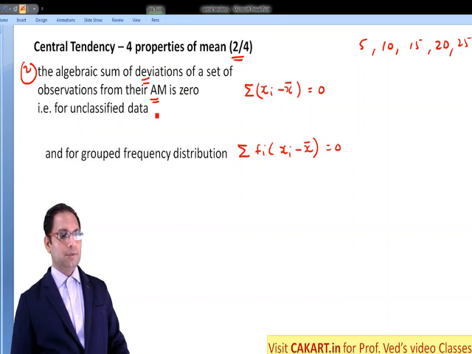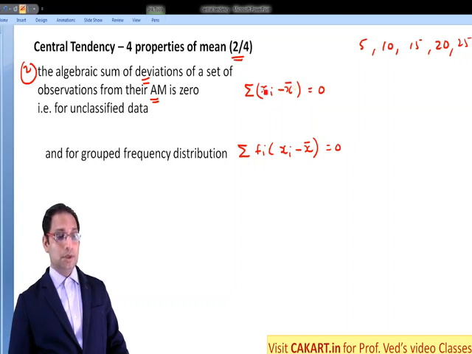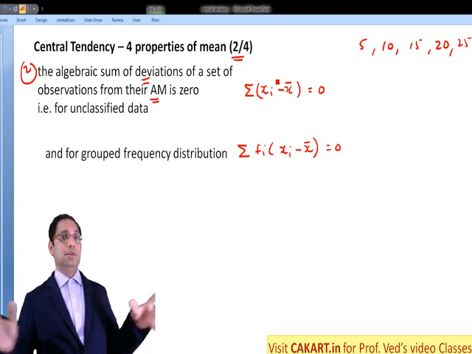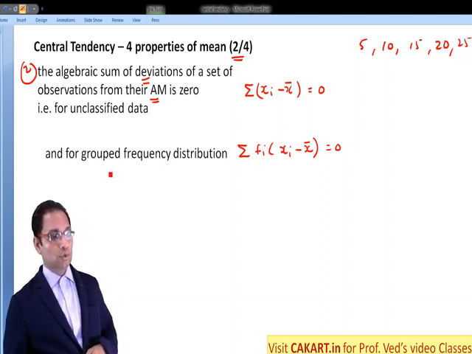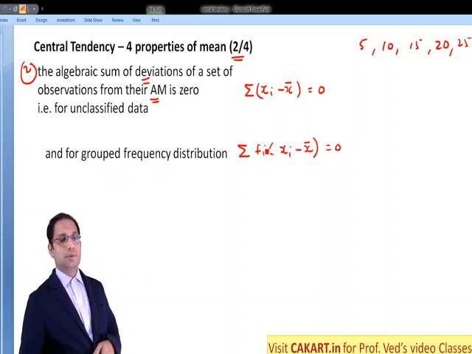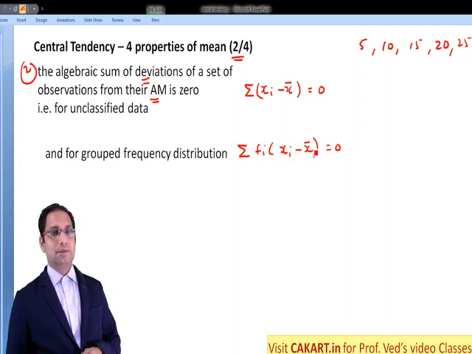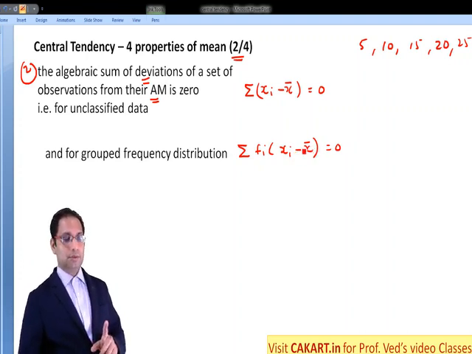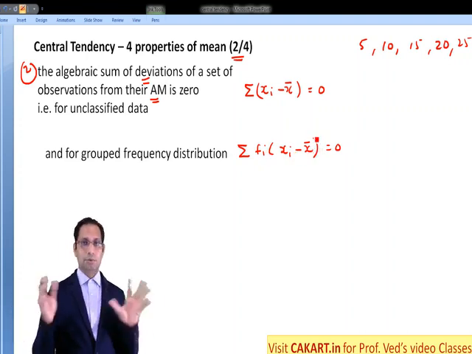For unclassified data, if I calculate xi minus arithmetic mean for all the numbers and add them, it will be 0. Similarly, for a grouped frequency distribution, the summation of frequency multiplied by (xi minus x bar), where x bar is the arithmetic mean, should be 0.